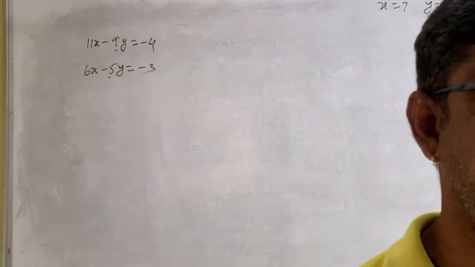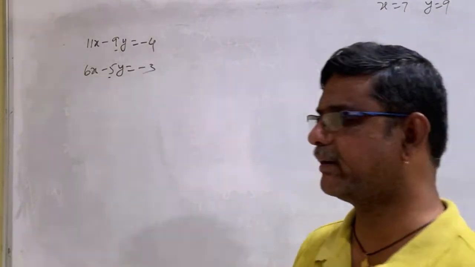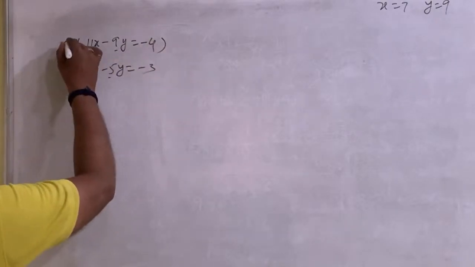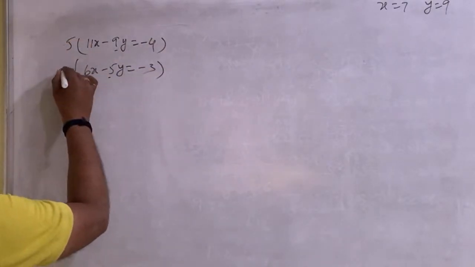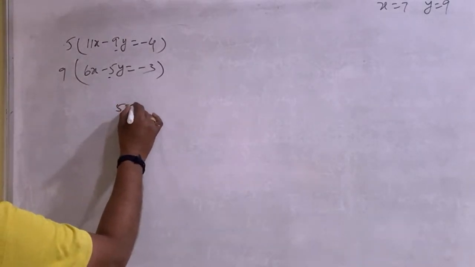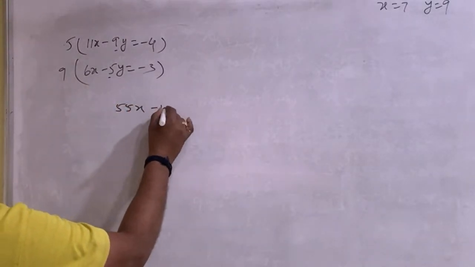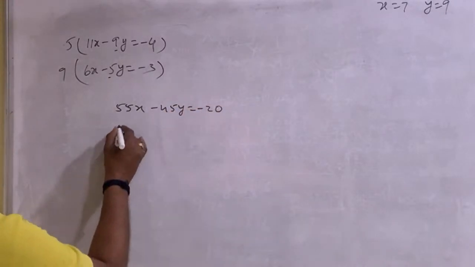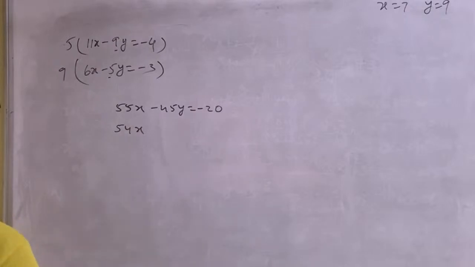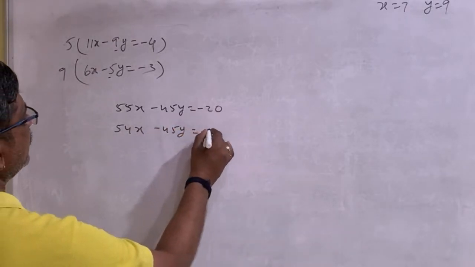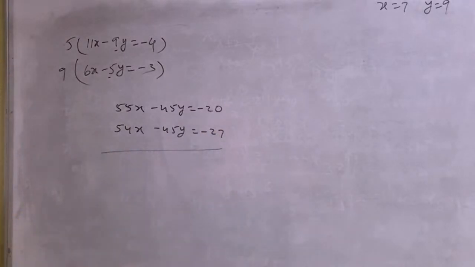Anyone? 45. Very good. So multiply the first equation with 5, second equation with 9. So it becomes 55x minus 45y is equal to negative 20, and 54x minus 45y is equal to negative 27.